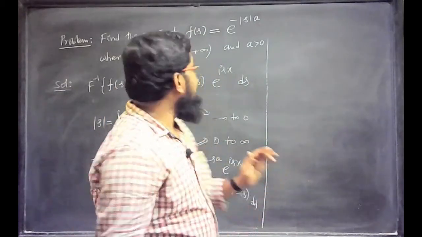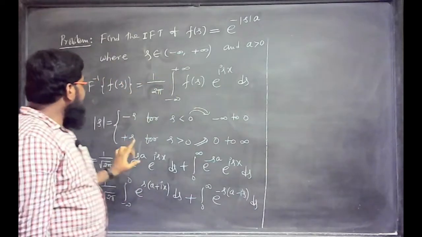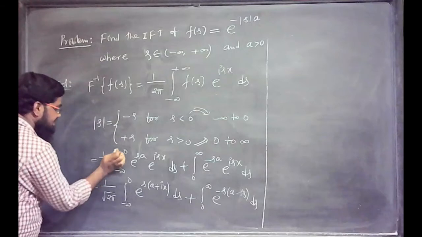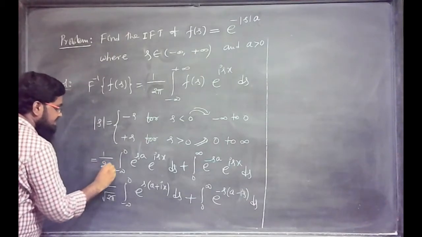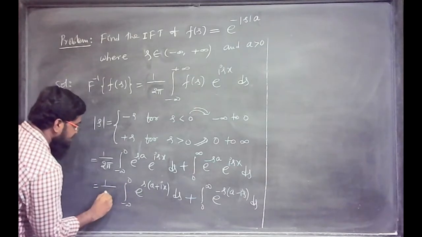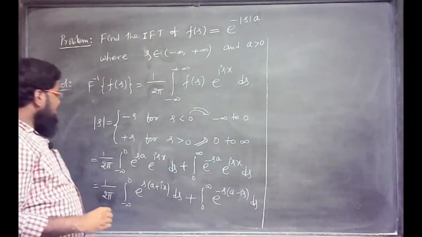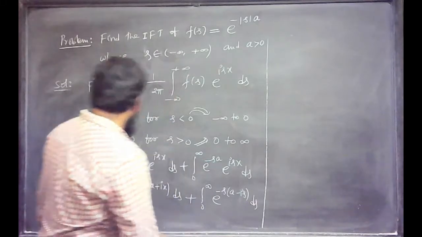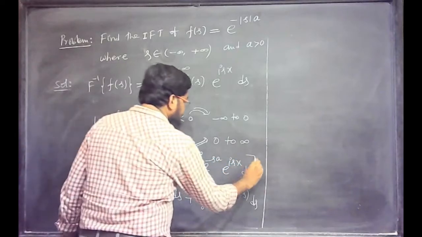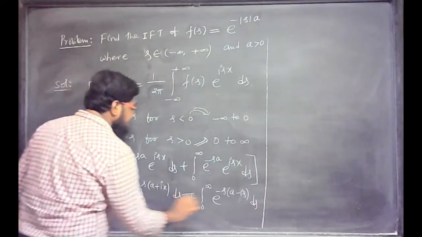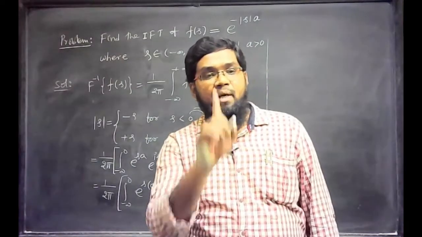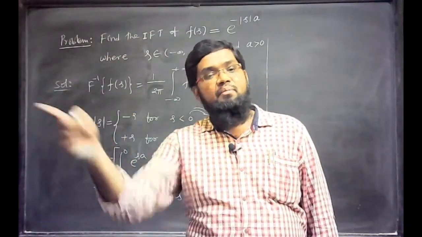In the Fourier transformation, the factor here we have taken as 1, and here the factor we will take as 1 by 2 pi. Even if we take 1 by root 2 pi, it is not wrong. In some books they use 1 by root 2 pi on both sides, so that the product comes as 1 by 2 pi.